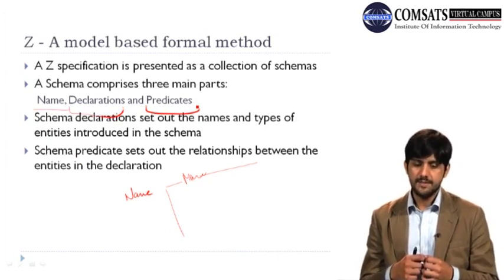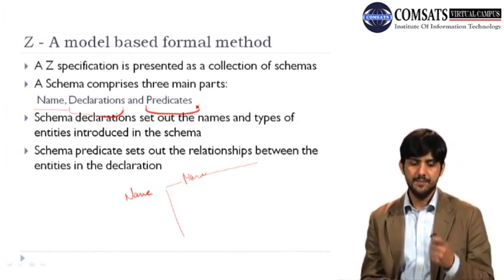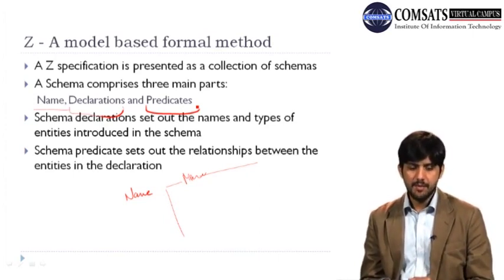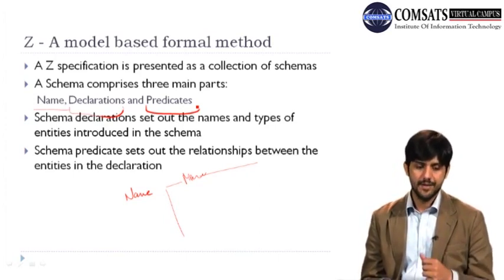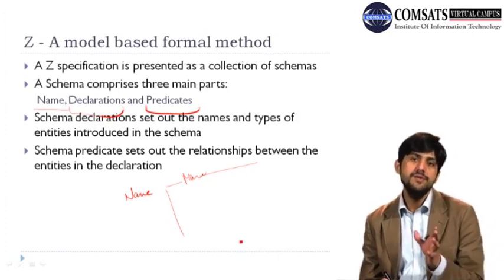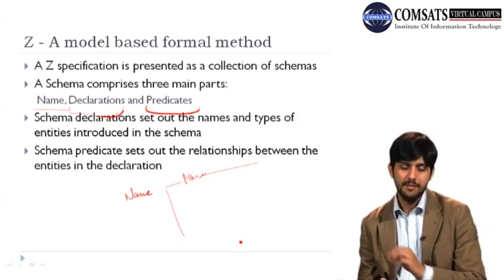Schema declarations set out the names and types of the entities introduced in the schema. Schema predicates set out the relationships between the entities in the declarations. So name is simple, for example you say library user, that is the name of your schema.